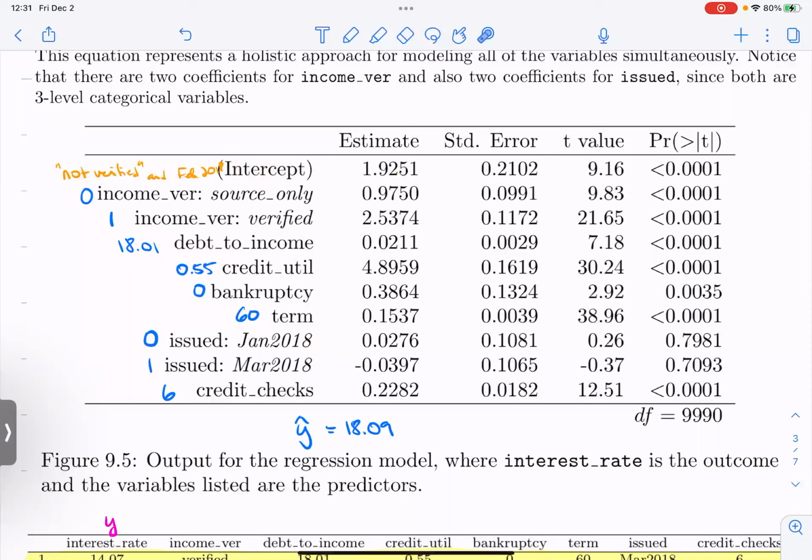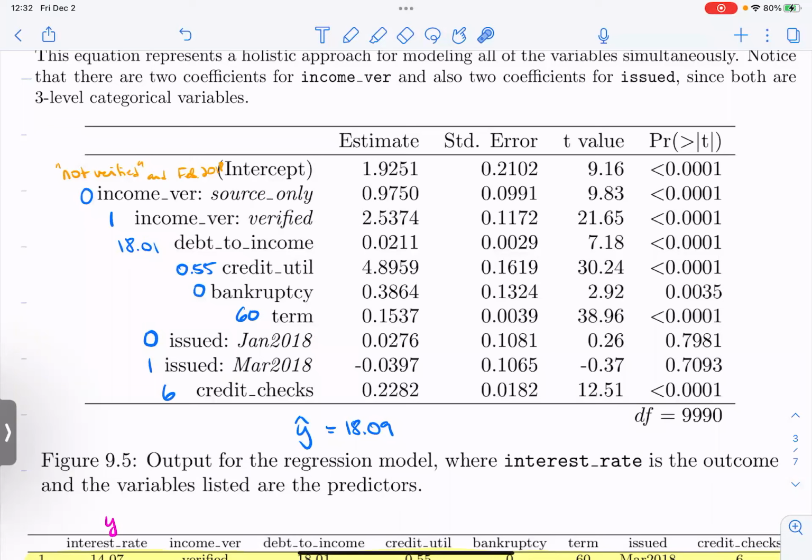But it helps to know what the levels are, because then the one that you don't see here is going to be the intercept. Okay, so you have to look at your R. Yeah, and R just picks one that it wants to use, unless you force the order of the factor.